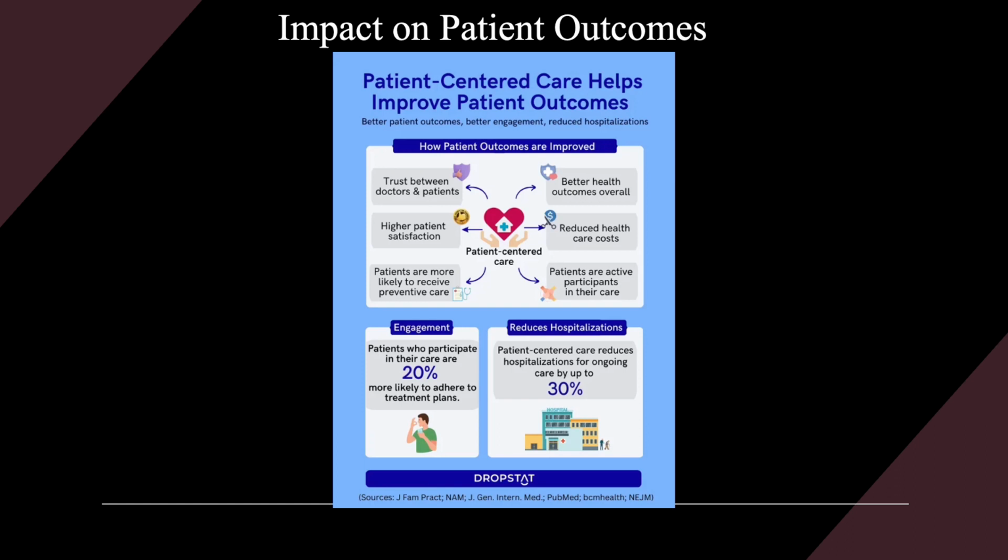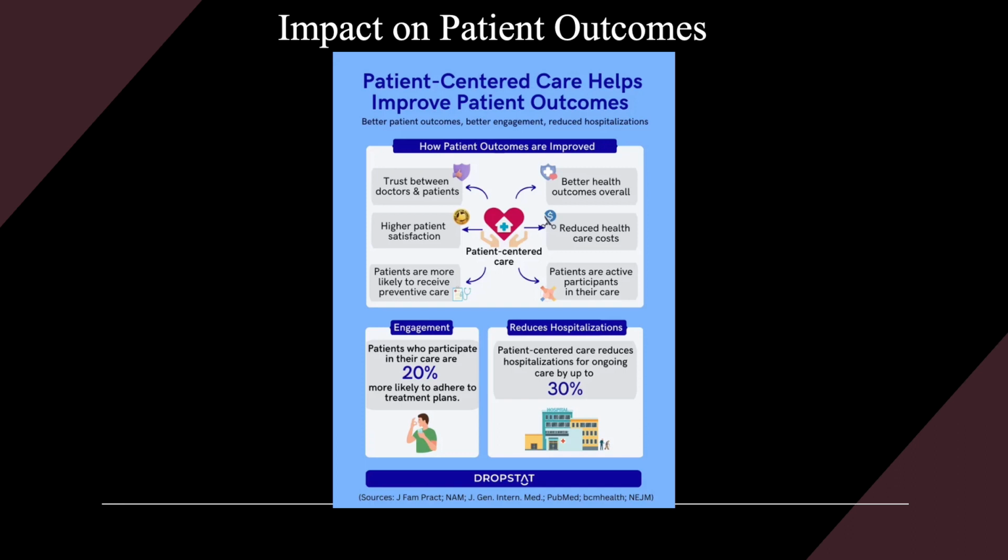How patient outcomes are improved: trust between doctors and patients, higher patient satisfaction, patients are more likely to receive preventative care, better health outcomes overall, reduced healthcare costs, and patients are active participants in their care.